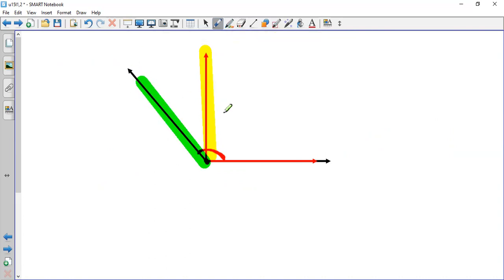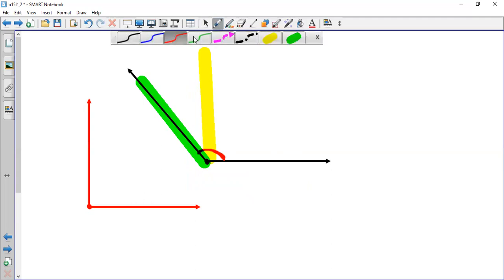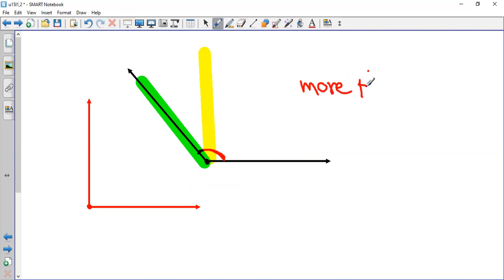The side of the angle is after the side of the right angle. So I can say that this angle is more than a right angle.